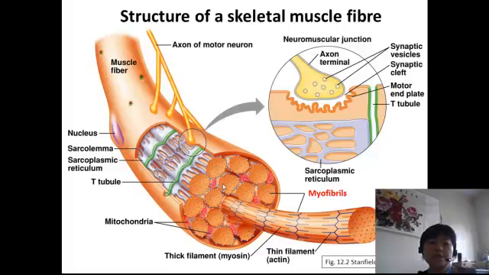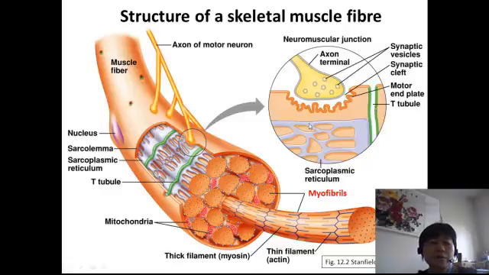In this picture, around the muscle fiber is the sarcolemma, and within the muscle fiber, the major structure where the thin filaments and thick filaments are arranged is the myofibril. And we have the T-tubuli, the transverse tubuli going into the muscle, which is important for muscle contraction.